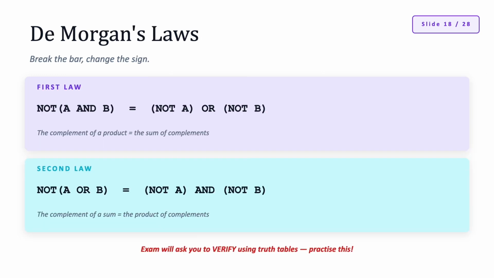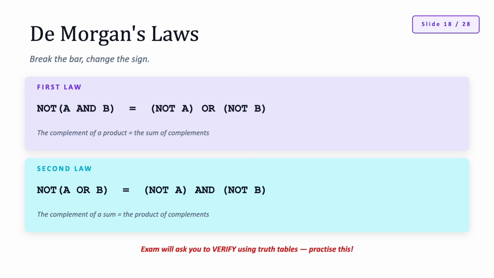De Morgan's laws are two rules that connect AND, OR and NOT. First law: not (A and B) equals not A or not B. In other words, the complement of a product equals the sum of complements. Break the bar, change the sign.